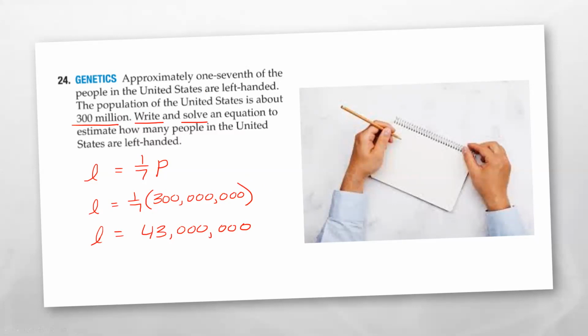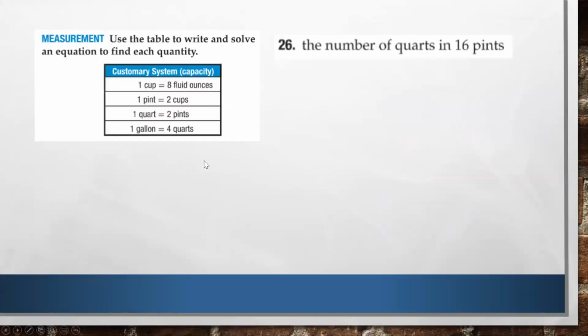All right, so let's go on to the next problem. Problem number 26 says to use the table to write and solve an equation to find each quantity. And here it's asking us the number of quarts in 16 pints. So we know in our table, 1 quart is equal to 2 pints.